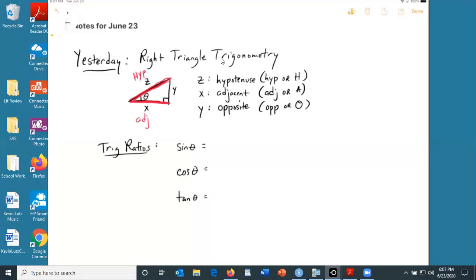Take 30 seconds on your own, see if you can write out those ratios for sine, cosine, and tangent. If you're having a little trouble, remember the little acronym SOHCAHTOA? Maybe that will help you.